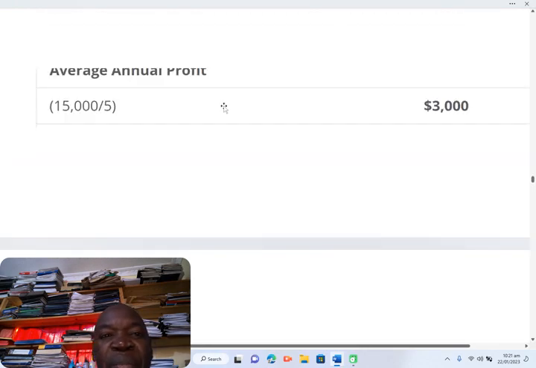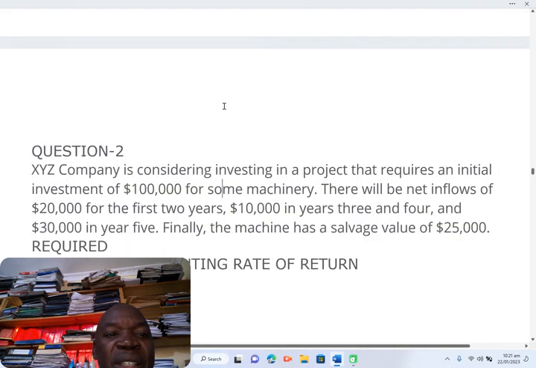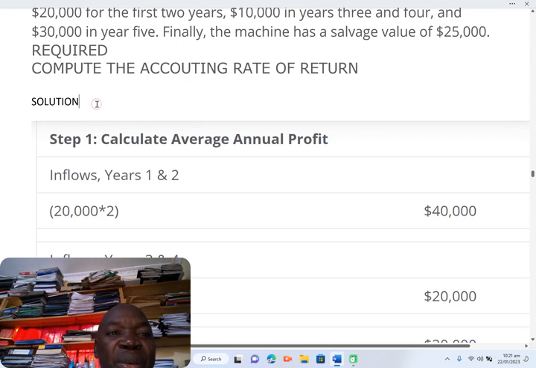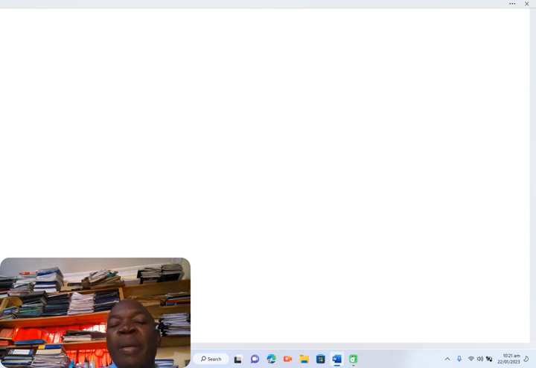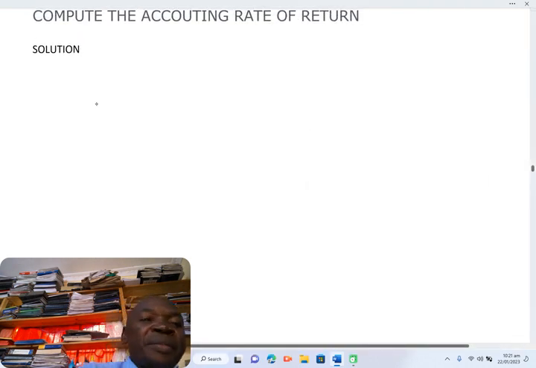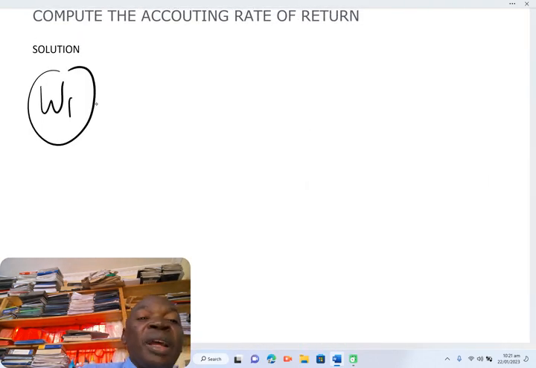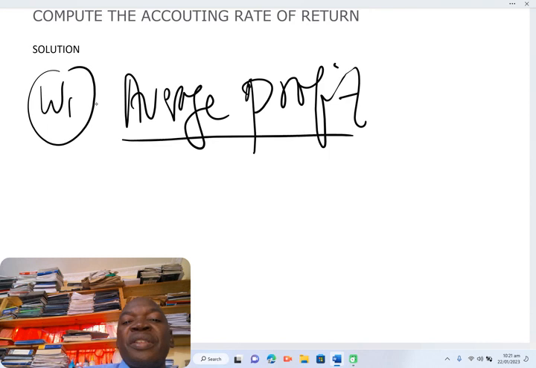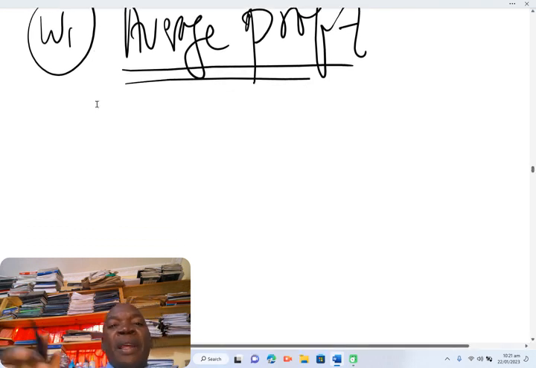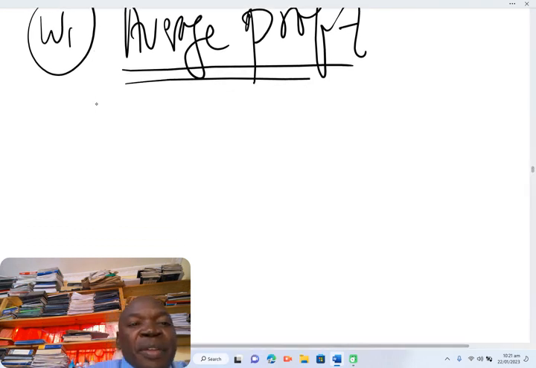So the problem is how to handle this question. Let me summarize it. Working number 1 is the computation of average profit. There are 5 years.